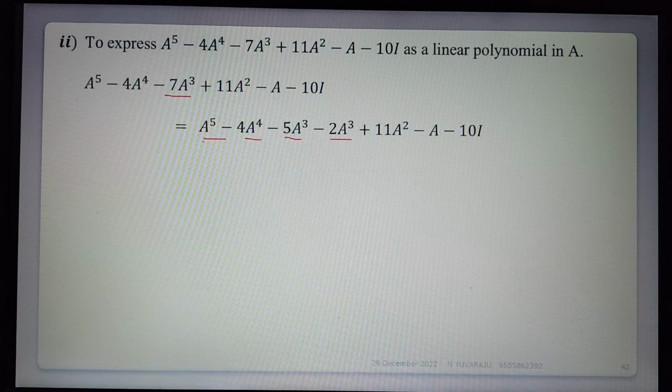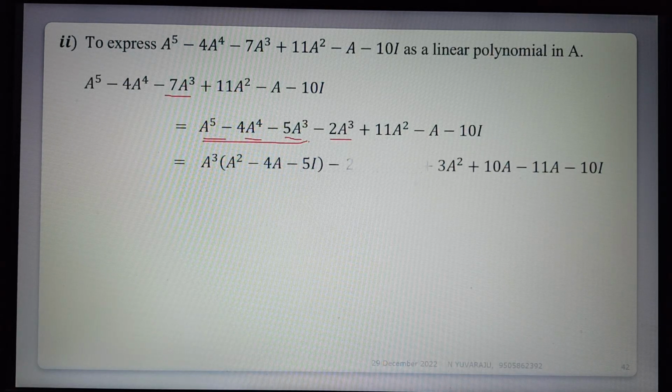We have to take common some 3 terms. So a cube common from 3 terms, a cube into a square minus 4a minus 5i, minus 2a cube, so 11a square can be written as 8a square plus 3a square, that is 11a square here. Next 10a minus a can be written as 10a minus 11a minus 10i.